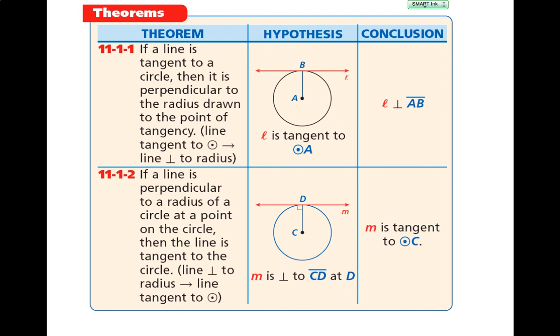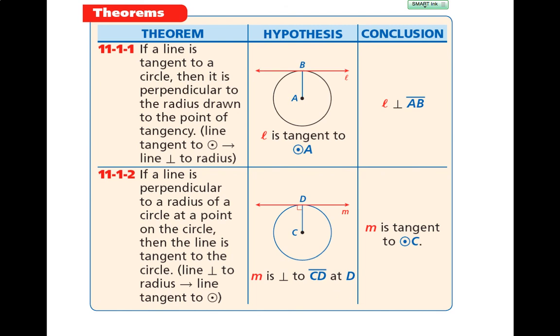The first one, if a line is tangent to a circle, so the hypothesis here is the line is tangent to the circle, then it is perpendicular to the radius drawn to the point of tangency. And then they just abbreviated it. So this first one starts with the line being tangent, and the conclusion is that the line is perpendicular to the radius. So a radius and a tangent make a 90-degree angle.